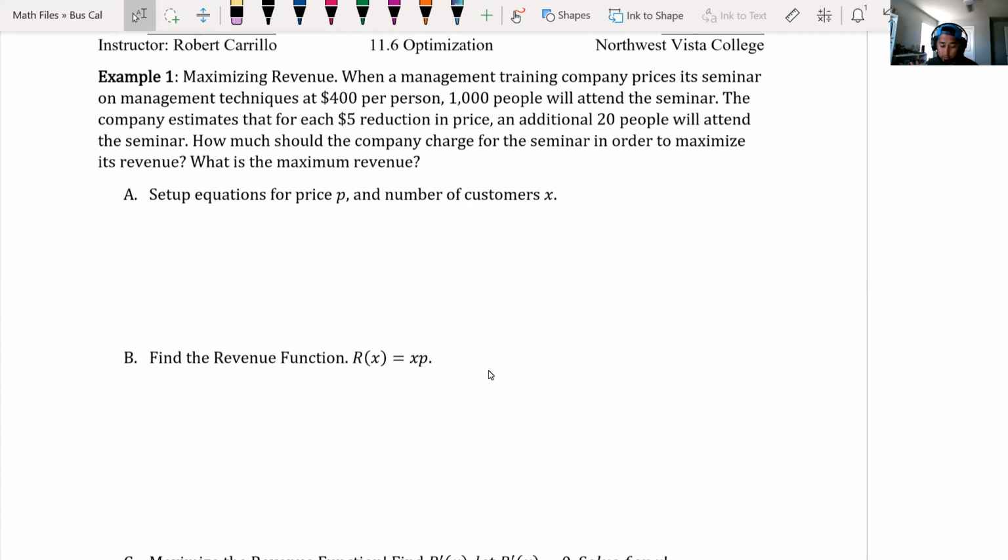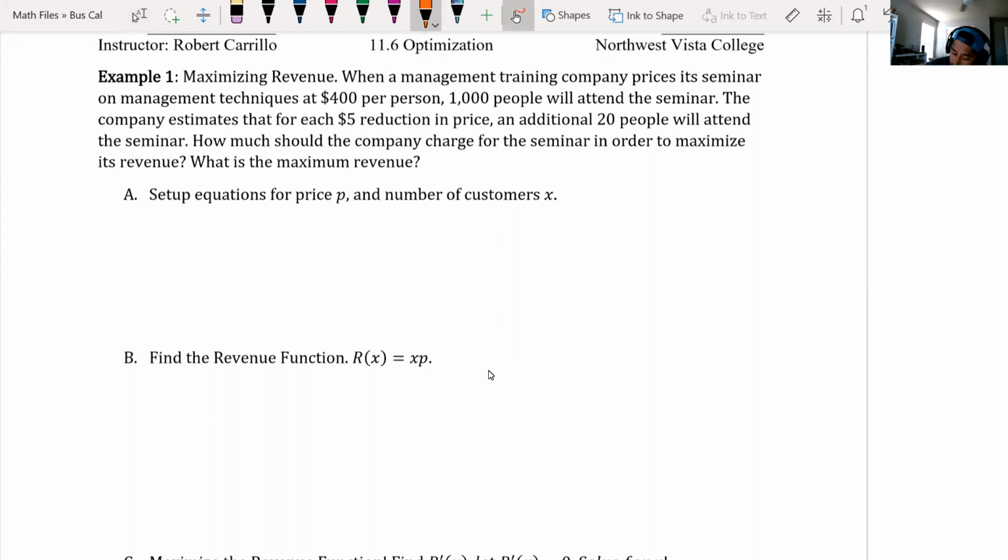All right, so example 1: when a management training company prices its seminar on management techniques at $400 per person, 1,000 people will attend the seminar. The company estimates that for each $5 reduction in price, an additional 20 people will attend. How much should the company charge for the seminar in order to maximize its revenue, and what is the maximum revenue?